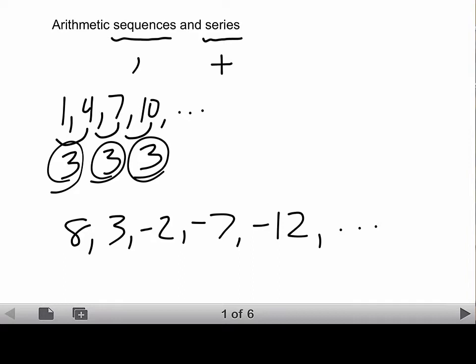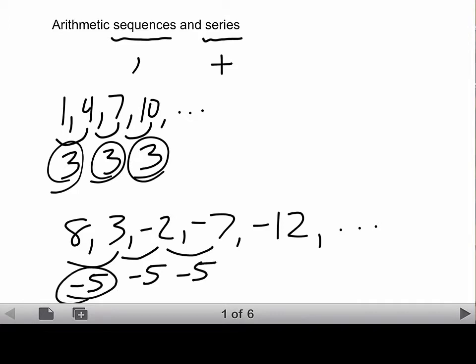We're going to find out the difference between terms in the same way. If we take 3 minus 8, we get -5. The difference between -2 and 3 is also -5. Between -7 and -2 is also -5. So I'm adding the same thing each time to get the next term, and that makes it an arithmetic sequence. In this case, it's a decreasing arithmetic sequence, but it's an arithmetic sequence nonetheless.